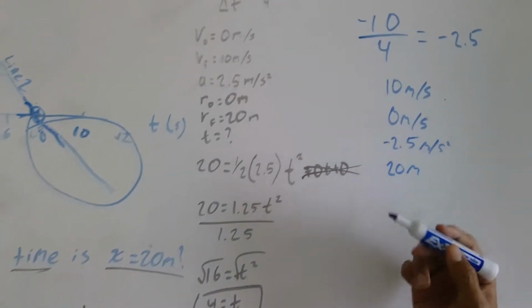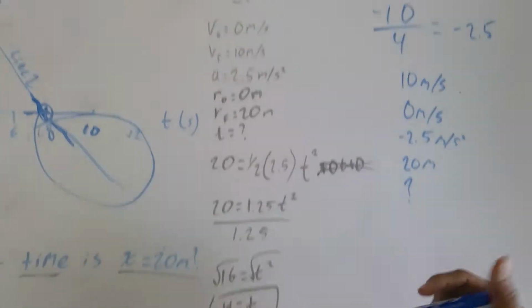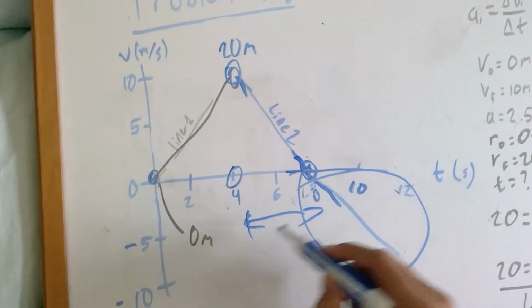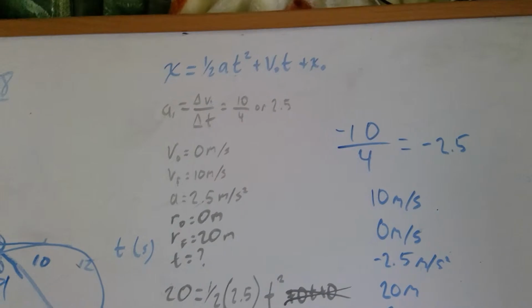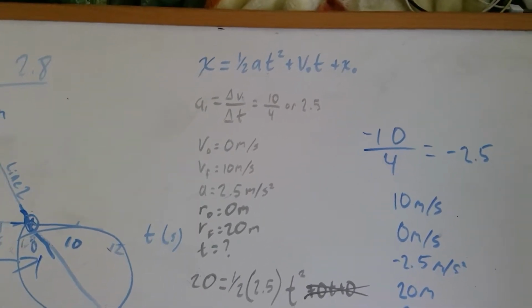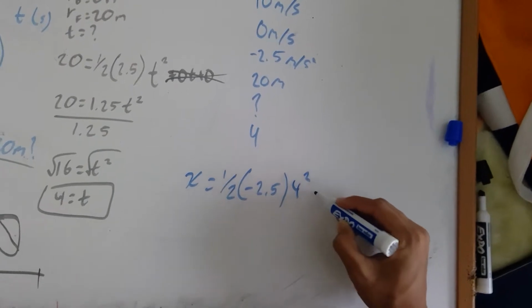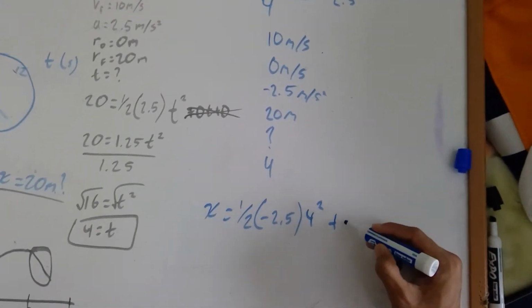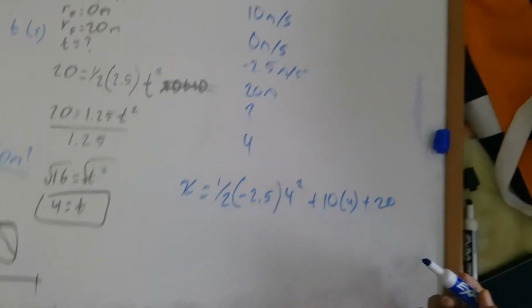The initial position is going to be 20 meters. Our final position is going to be unknown, because that's what we're trying to find. And the time is going to be 4 seconds, because that's the distance between these 2 points. Plugging that into the equation again, our unknown, x, is equivalent to 1/2 times -2.5 times 4 squared plus 10 times 4 plus 20 meters.